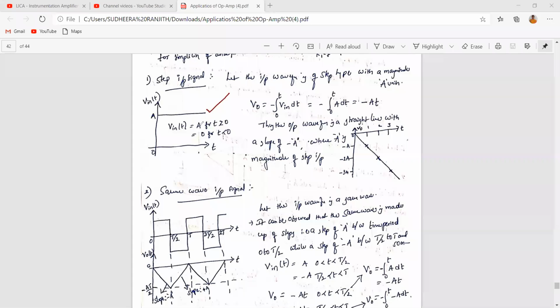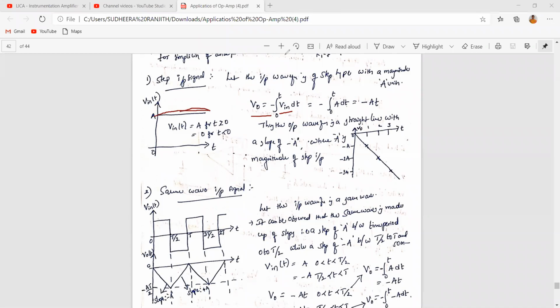Right, now apply this step input signal to your integrator. This is the integrator formula. Integrator V0 equals minus of the integral, with limits from 0 to t, of Vin dt. What is the magnitude of the input signal?